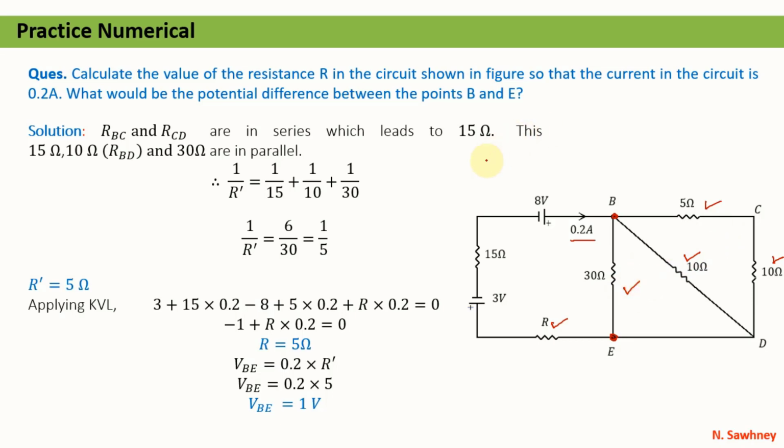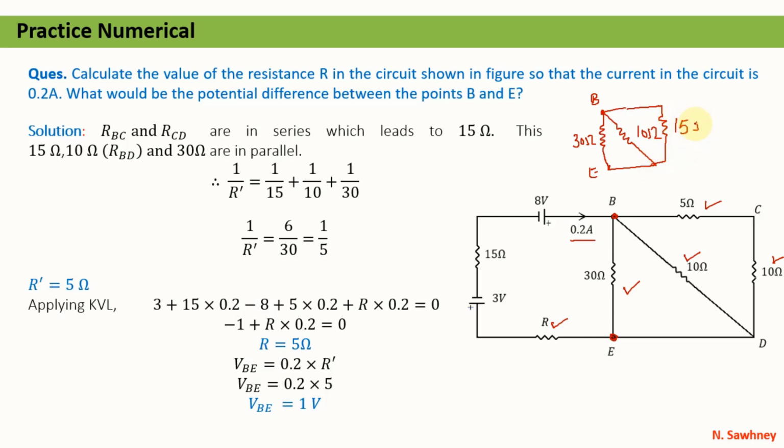See, I am drawing this part of the circuit, this terminal is B, this terminal is E. The leftover circuit after simplification is this. This is 30 ohm. This part is 10 ohm as given, and we have just simplified the series combination of 10 and 5 ohm, which is 15 ohm.